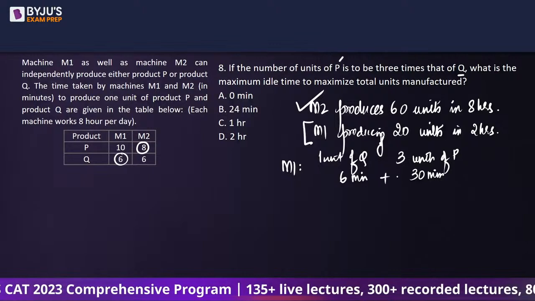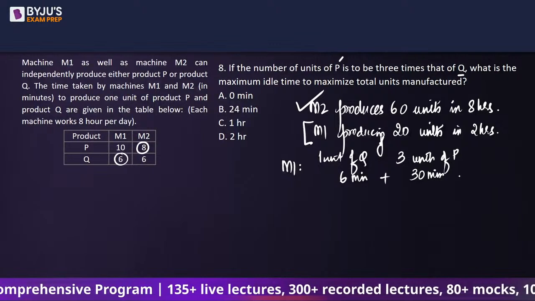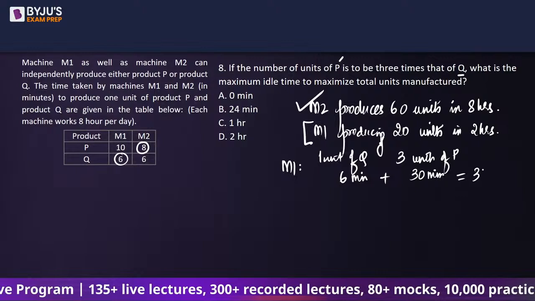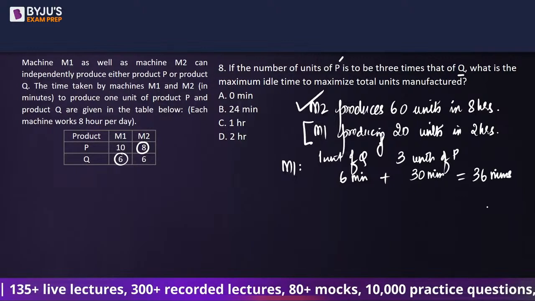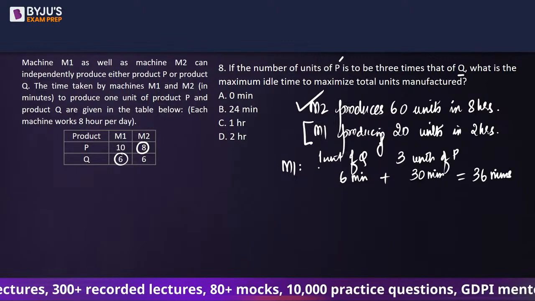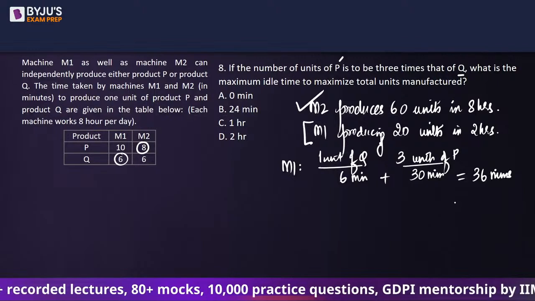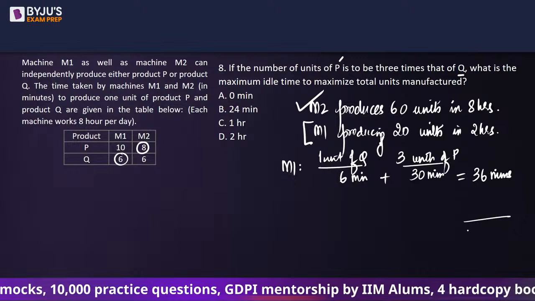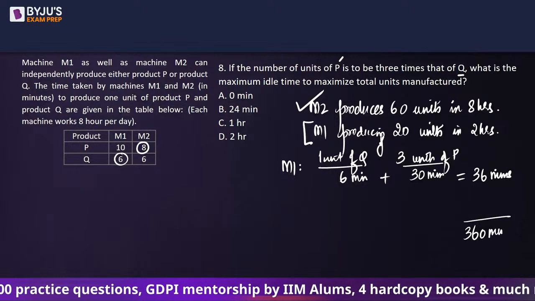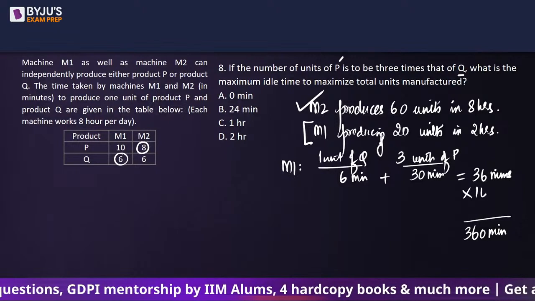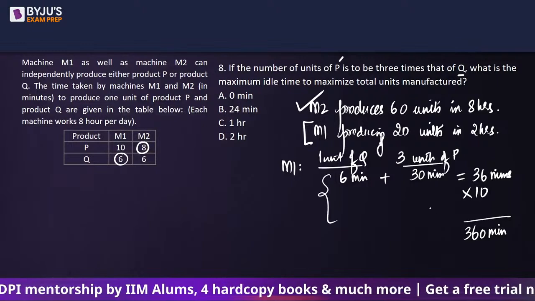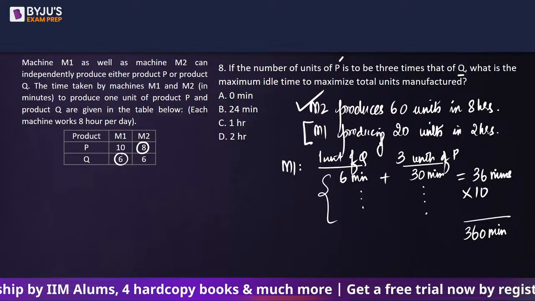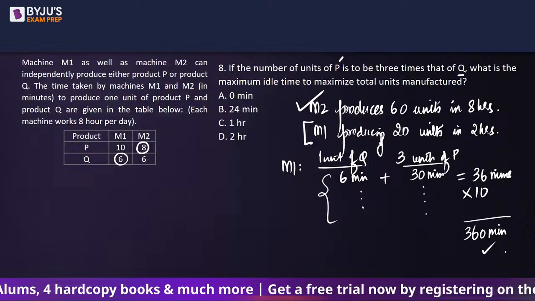So the time taken for M1 alone to keep that ratio is 36 minutes for every pair. Now, if this continues, we have got 6 hours still left. 6 hours means we have got 360 minutes still left. So we can say that this particular process of M1 can go on 10 times. So that we end up having 360 minutes.